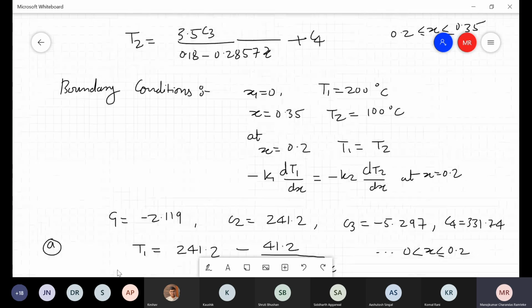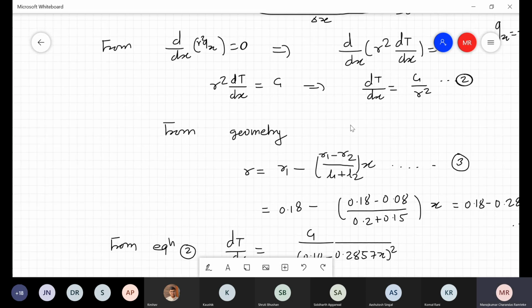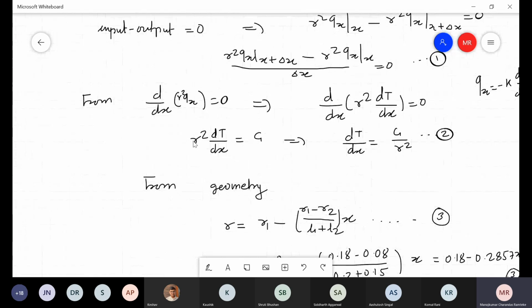That is what also we have seen here. If you go back and check, remember this equation, r square dT by dx, this is going to be multiplied by k. If you multiply k here, that becomes your flux, isn't it? Yes, sorry, k dT by dx is your flux and r square is there.